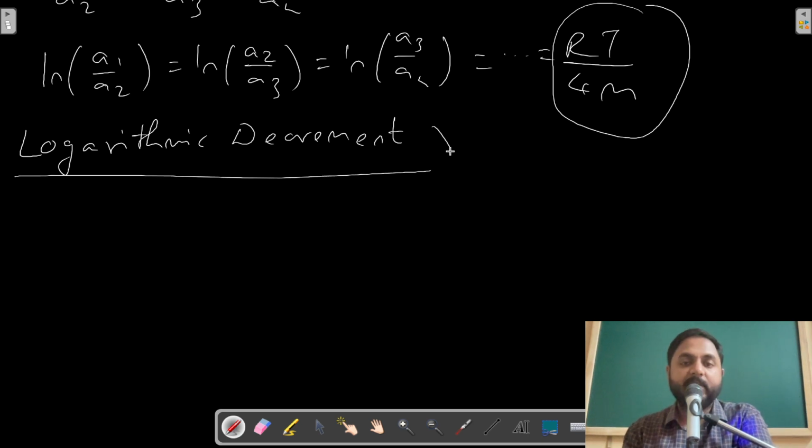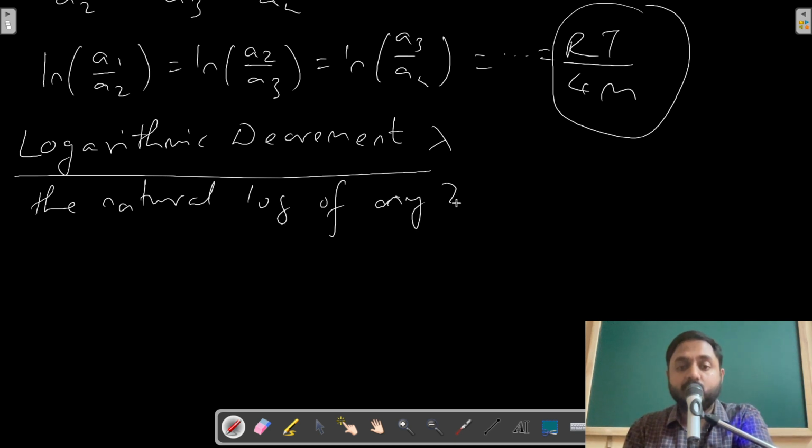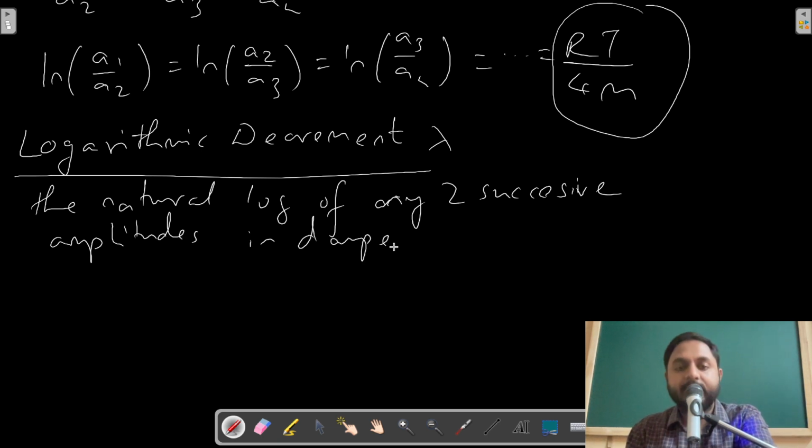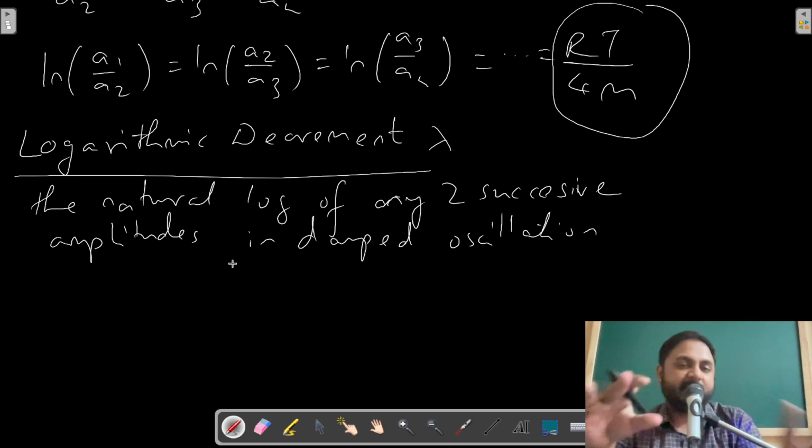So this log decrement lambda can be defined with a very simple definition: the natural log of any two successive amplitudes in damped oscillations.